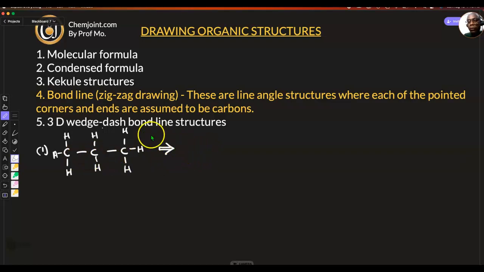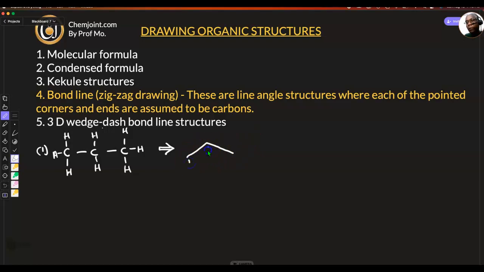So to draw the bond line zigzag drawing, which are representations of carbons and hydrogens on carbons implied, you will just draw a line. The moment you put a pen down, count it as carbon 1, take it up, that's carbon 2, and that's carbon 3.